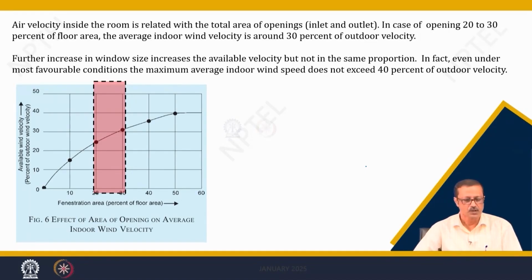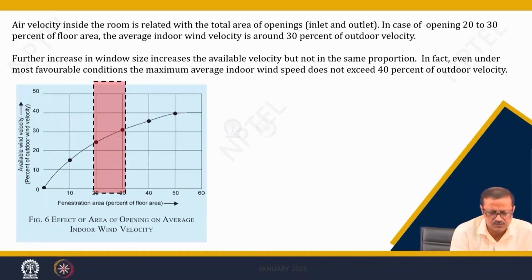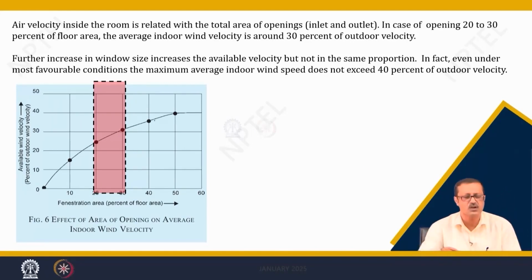If you increase the window area beyond 30, maybe to around 40s, we are not going to see that sharp an increase compared to what we get at 20 to 30%. But below 20%, it is very, very poor. So, 20% to 30% fenestration area with respect to the floor area is good, or optimum, we can say.